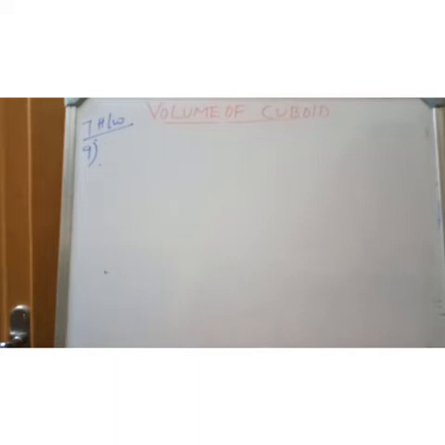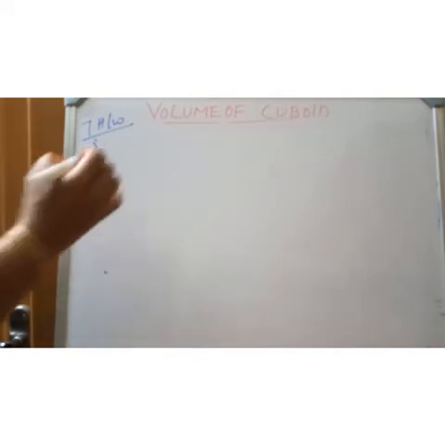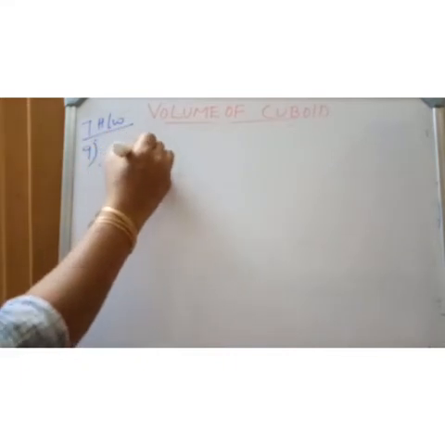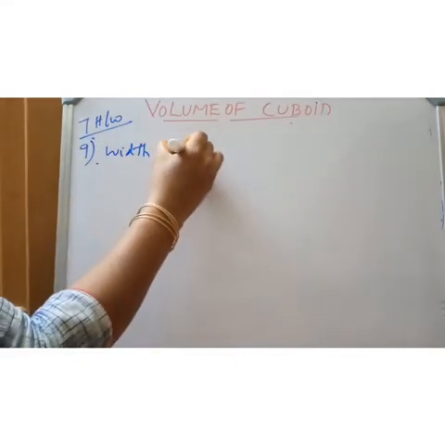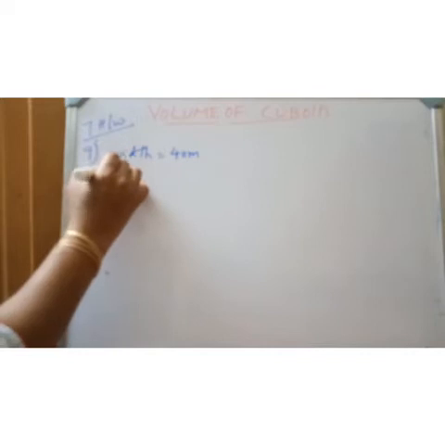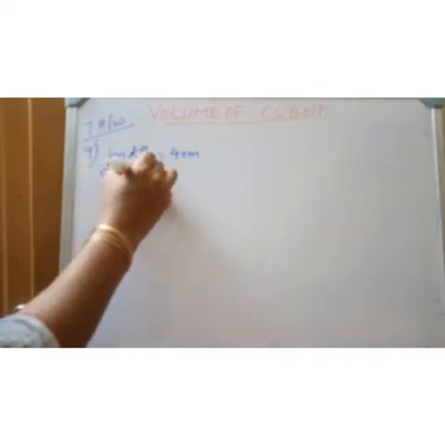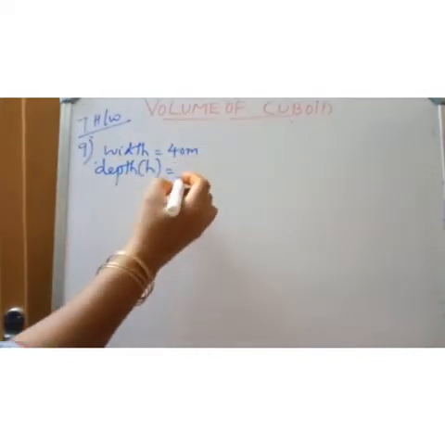They are given the height and width. A river 3 meter deep means depth is 3 meter and the width is 40 meter. So width is equal to 40 meter and depth, same as height h, is equal to 3 meter.